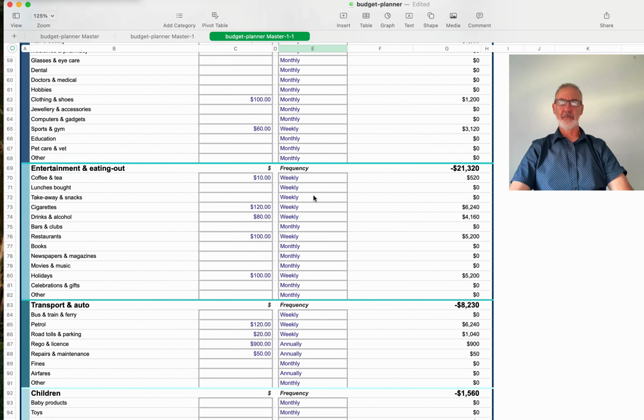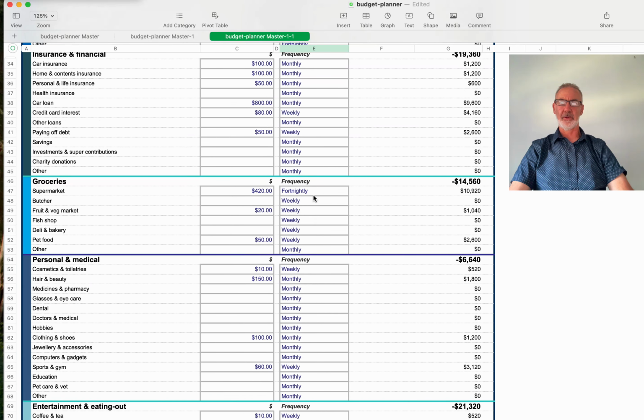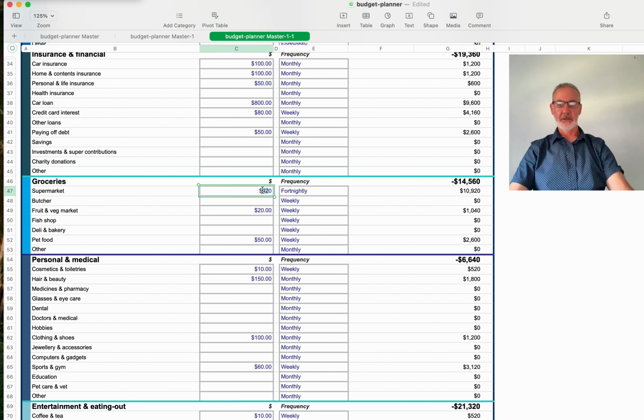But just remember, these costs may go up. Like all of a sudden groceries go up by an extra $80 a fortnight. You might find that pet food's gone up by $30.